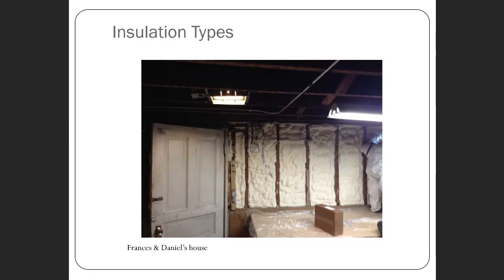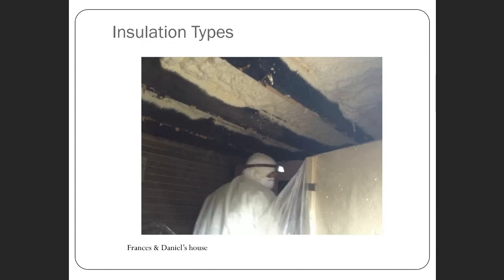Here's the finished product. We also had some insulation blown in the space underneath our pantry. Again, I could never get batts to stay there. They would always fall down. The foamed in place insulation took care of that problem.